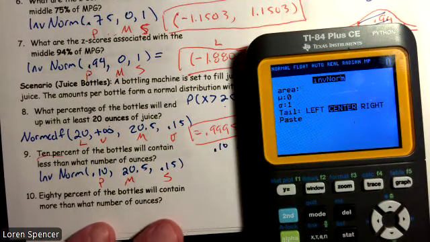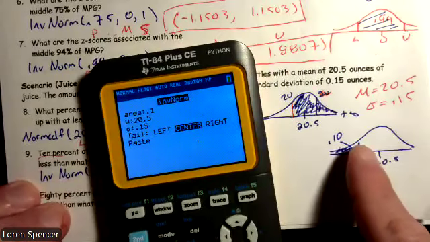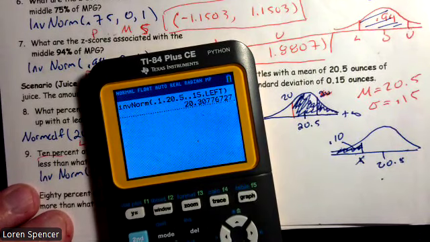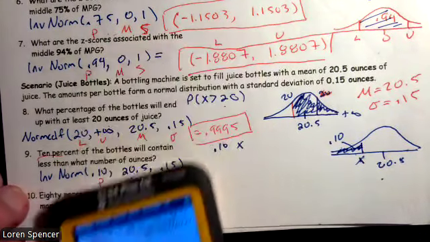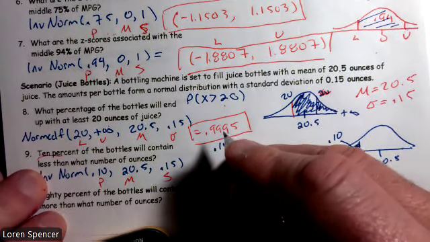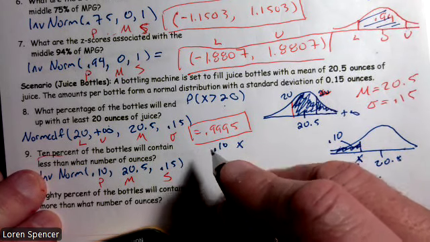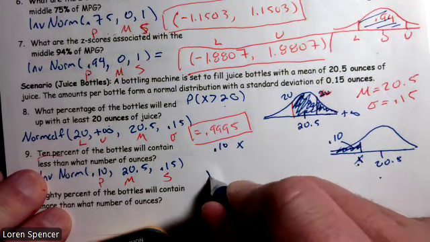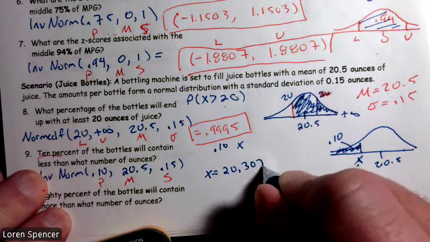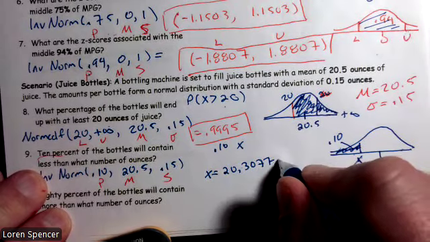There we have 0.1, 20.5, and 0.15, and we're shading to the left. We end up with 20.3. So this X value, we expect it to be 20.30 ounces. X equals 20.3077 ounces.